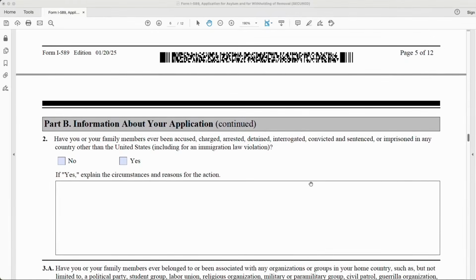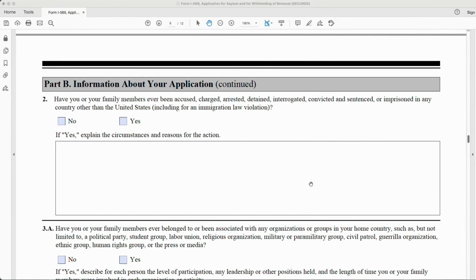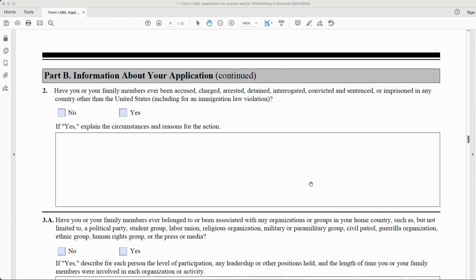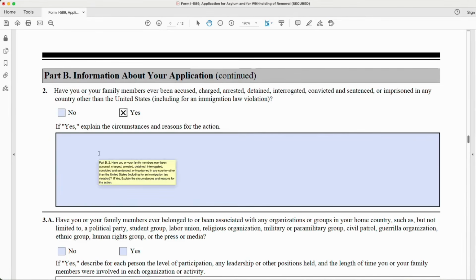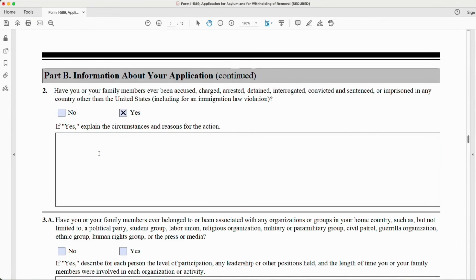Moving on. Question 2 asks if you or your family members have ever been accused, charged, arrested, or imprisoned in any country other than the United States. If not, you can check no. If you check yes, provide an explanation in the space below.